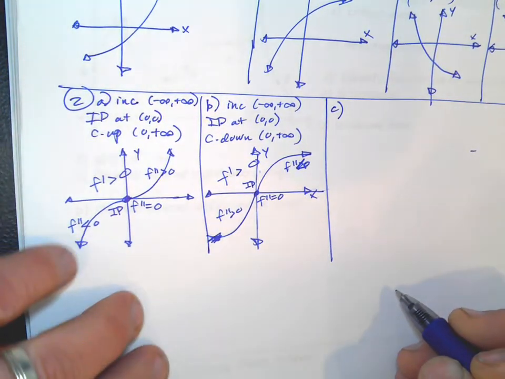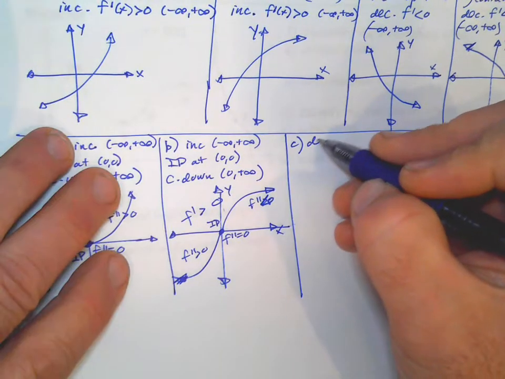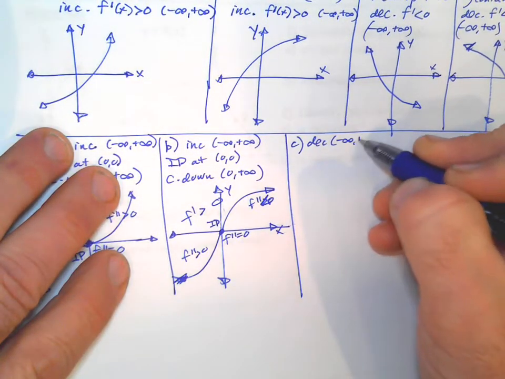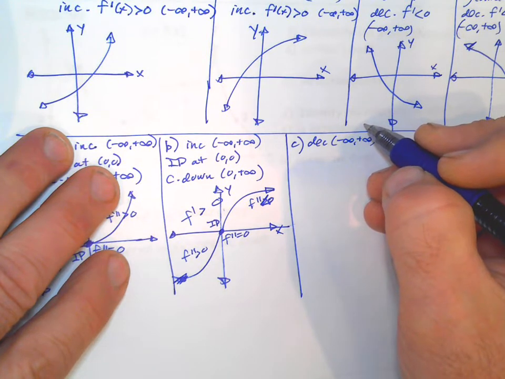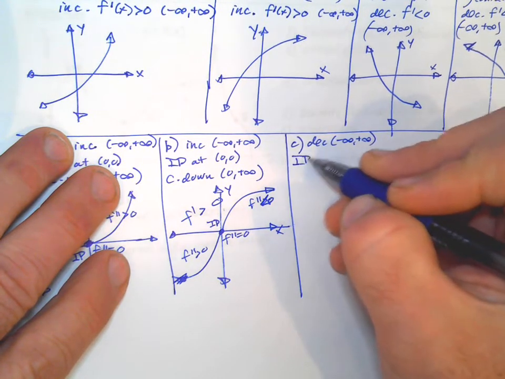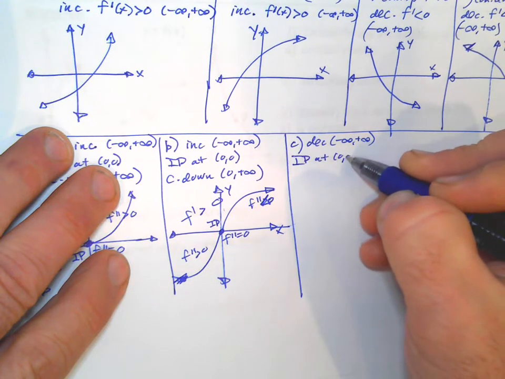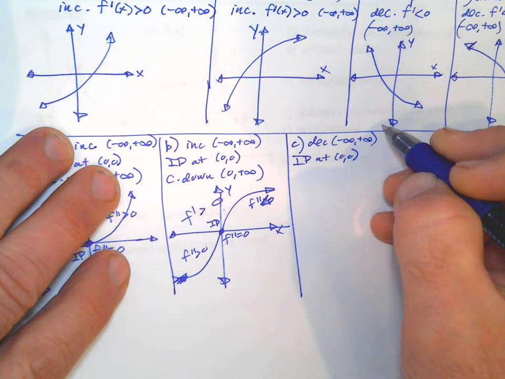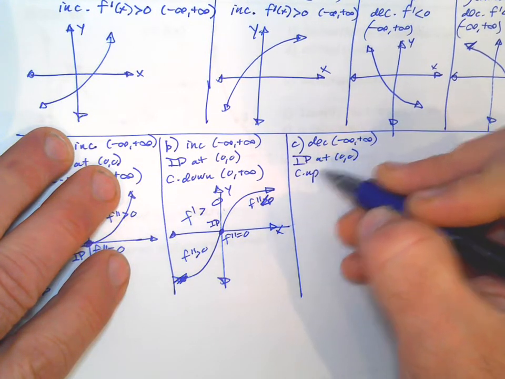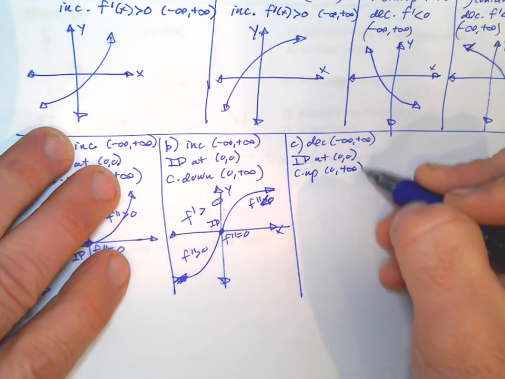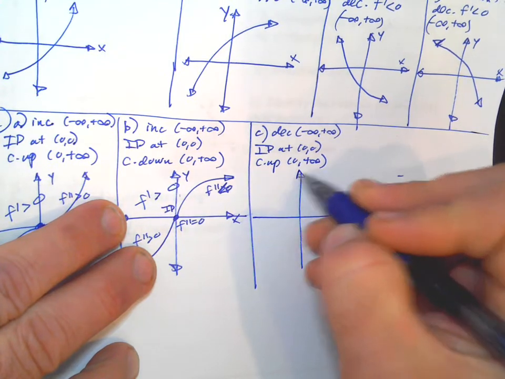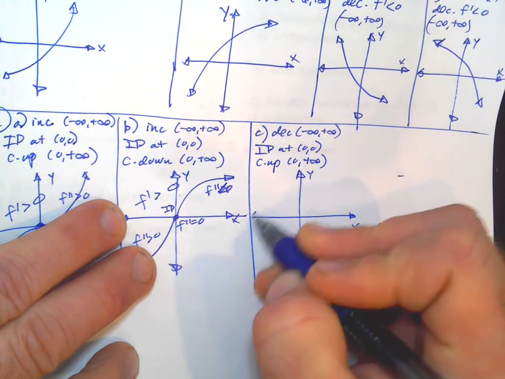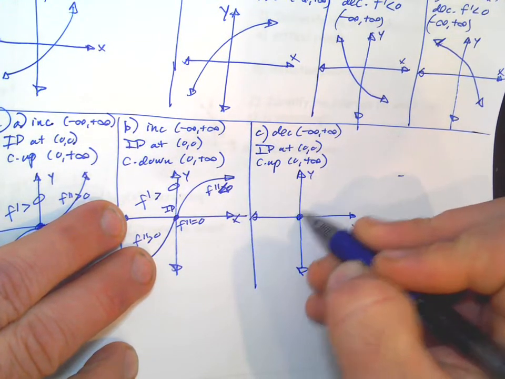Okay, C says it's decreasing on negative infinity to positive infinity, and has an inflection point at the origin, IP at 0, 0, and it's concave up on 0 to positive infinity. So inflection point here.